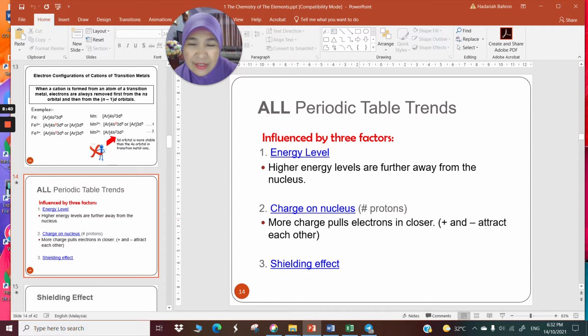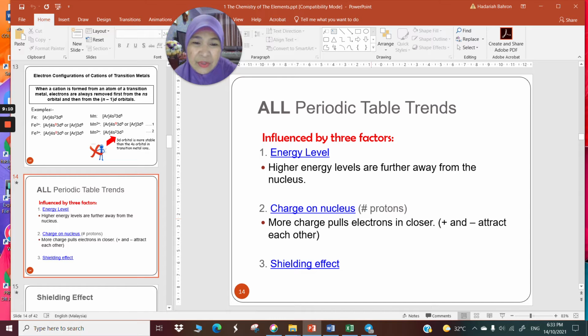And number 2, the second factor is the charge on the nucleus. Everybody knows that in the nucleus, we have protons and neutrons, right? In the nucleus of an atom, you have protons and neutrons, whereas the electrons stay outside in the orbitals. So in the nucleus, you have a positive charge because all protons have a positive charge, whereas neutrons are neutral. They don't have any charge. So the nucleus will be positively charged.